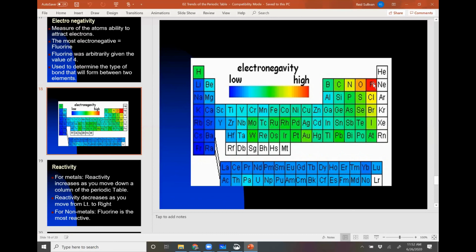Same thing with fluorine. So you can think of electronegativity as the desire for electrons. That's why I said electron affinity and electronegativity are very similar to each other, but we're just going to concentrate on electronegativity, because of its bonding properties that we're going to talk more about in the next unit.